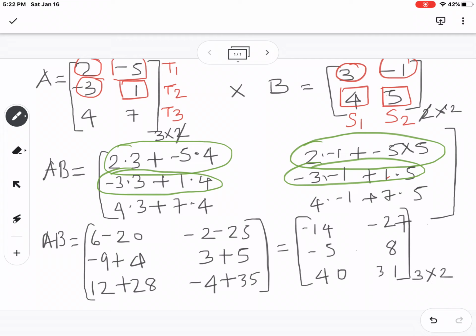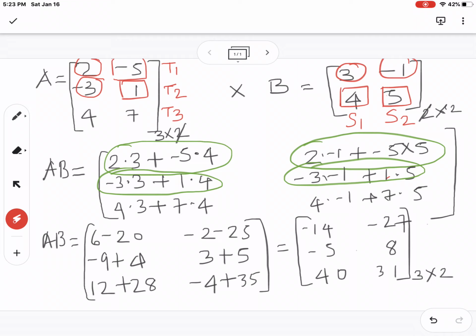Now, you can make one more check. If you remember, I had cancelled here and here. Basically, a multiplication of a 3 by 2 matrix with a 2 by 2 matrix should give you a 3 by 2 resulting matrix, which is what you have obtained here, which means the format is correct and you have got the right answer. So this, students, is the concept of matrix multiplication.